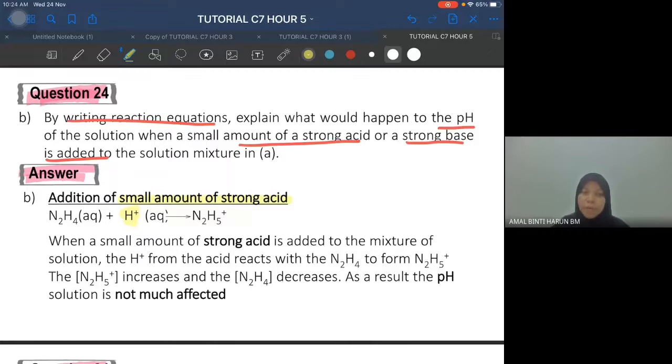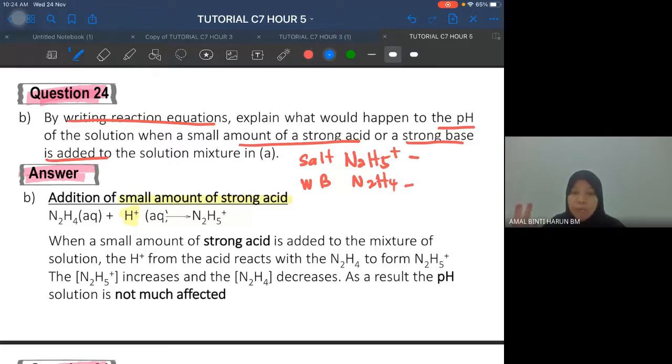So komponen mana yang kita akan neutralize the acid added? Remember, I repeat just now, we have the N2H5 plus is the salt component and the weak base is N2H4. So dia mesti ada dua komponen dalam satu buffer.